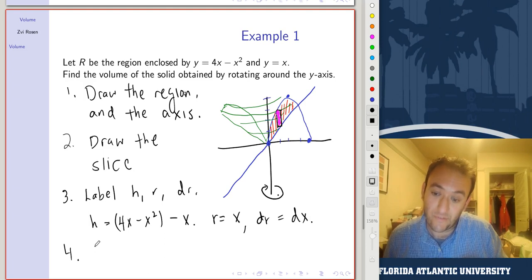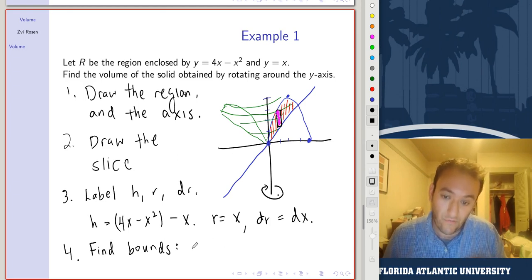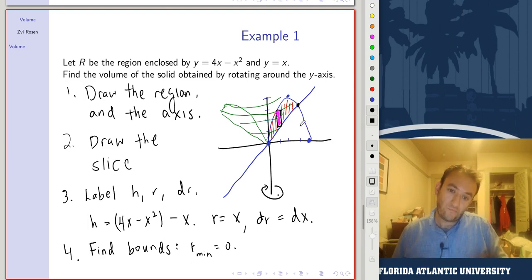Okay, the next thing we want to do is find bounds for the integral. On the left end, it's pretty clear that it's x equals 0, or r equals 0. So r min is 0. On the right, we have to figure out where these two are equal.